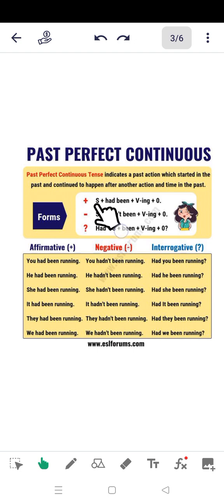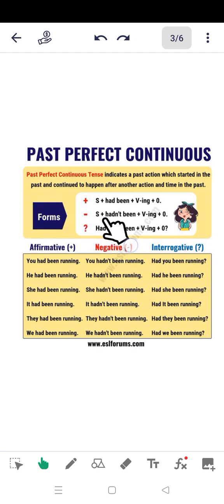How to form affirmative sentences? We start with the subject plus had been plus verb ing plus objects. Verb ing, continuous. Do not forget, it is a 3-part verb. Had is part 1, been part 2, verb plus ing part 3.